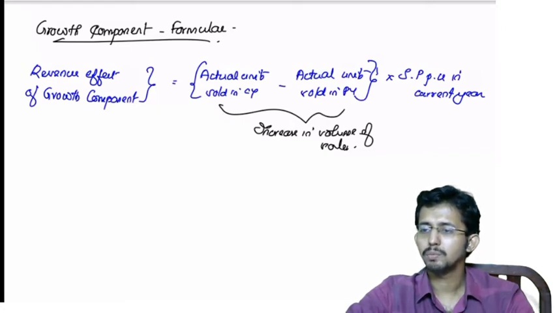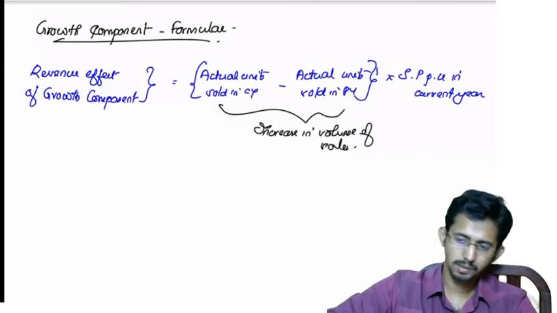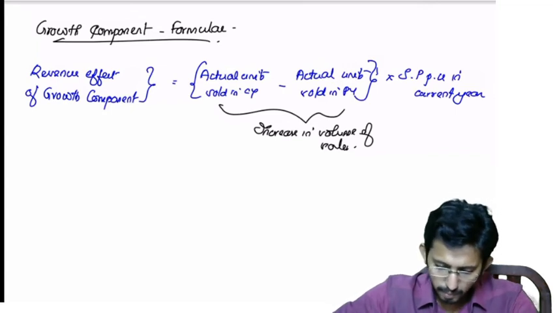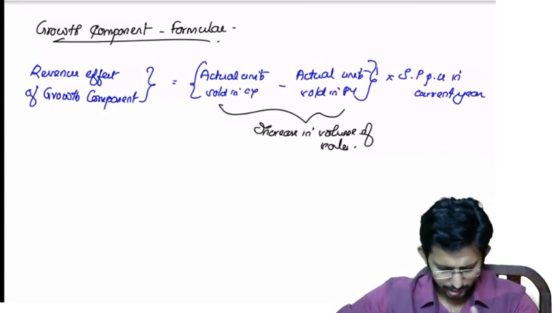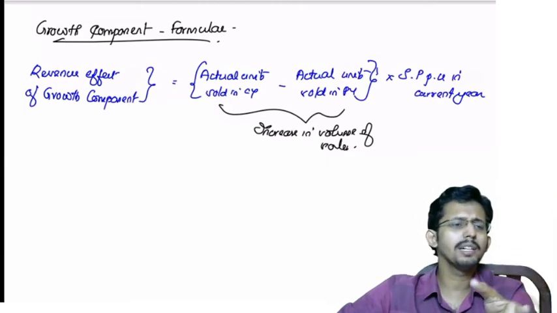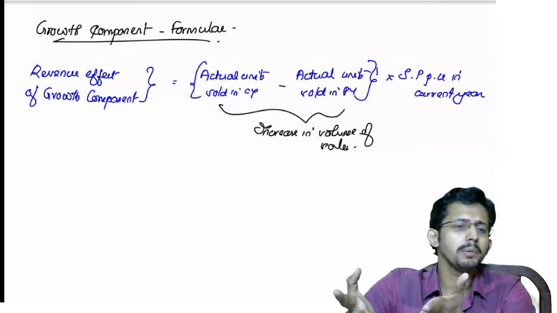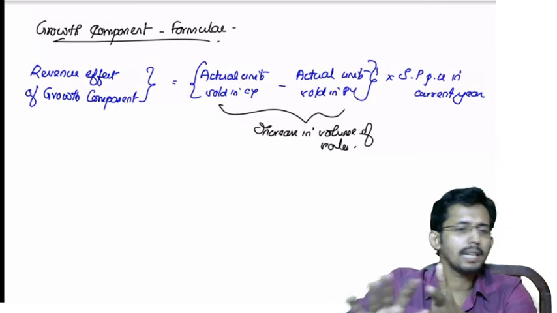So what is this revenue effect of growth component? You find out the increase or decrease in the number of units sold, and you multiply with the selling price per unit of current year. That is enough.